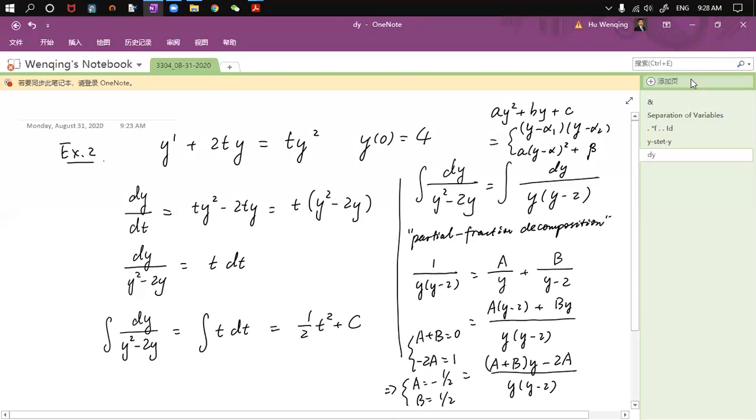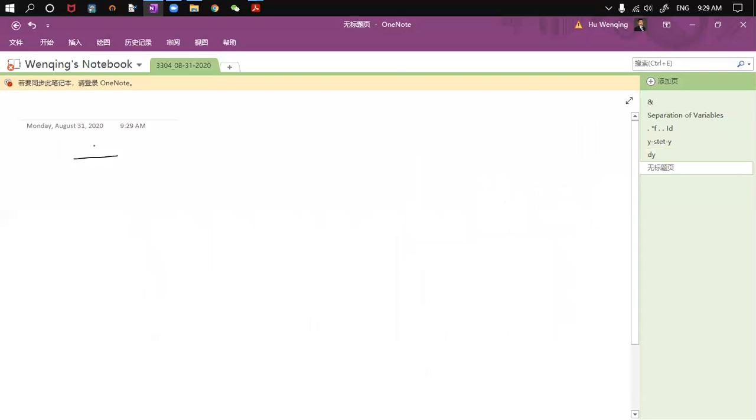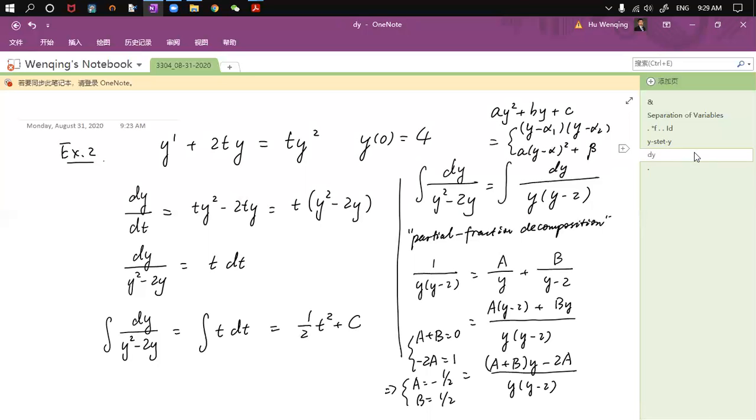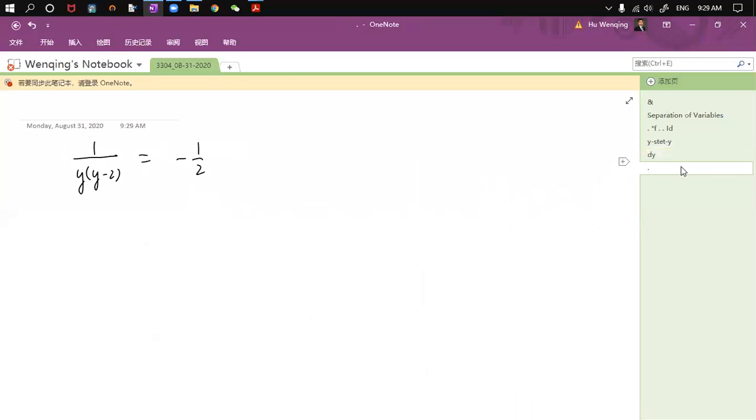For partial fraction decomposition, it tells you that 1 over y times (y minus 2) is actually equal to minus 1 over 2, since a is minus 1 over 2, multiplied by 1 over y, plus 1 over 2 multiplied by 1 over y minus 2. That's it.